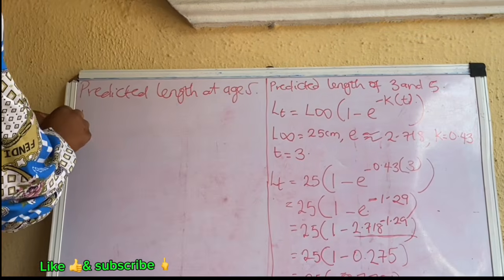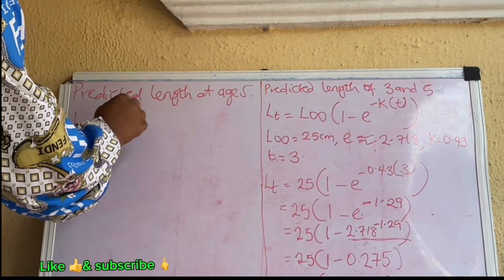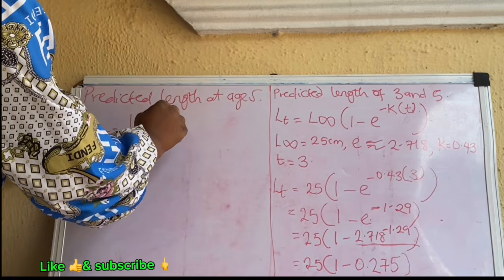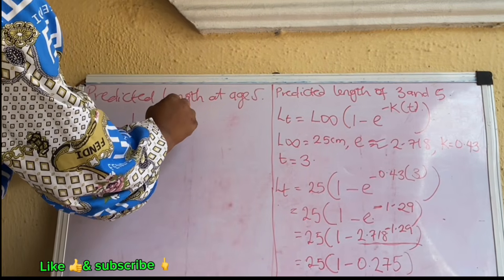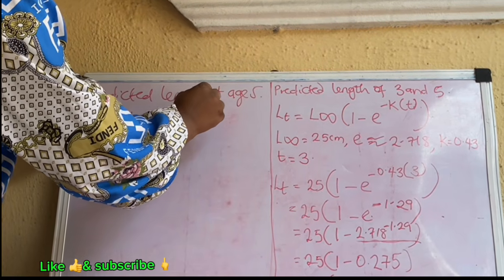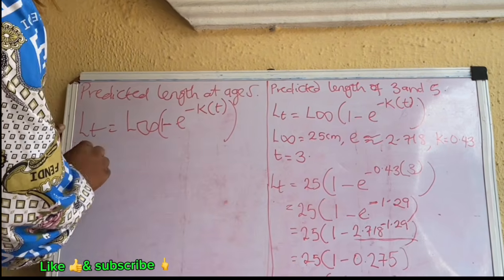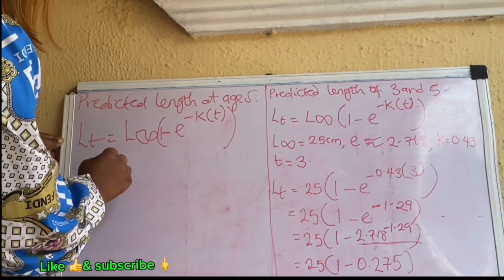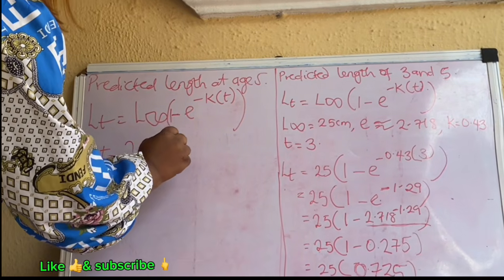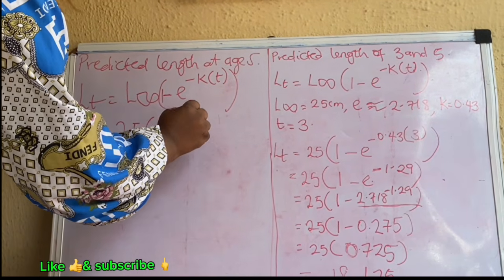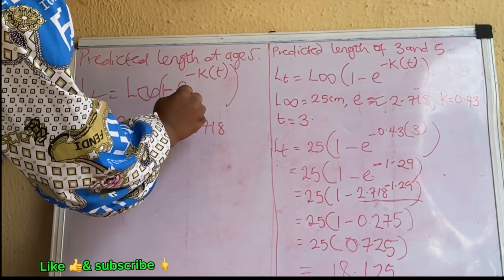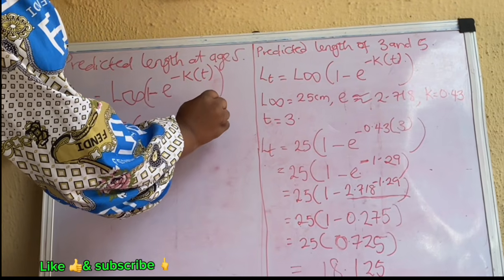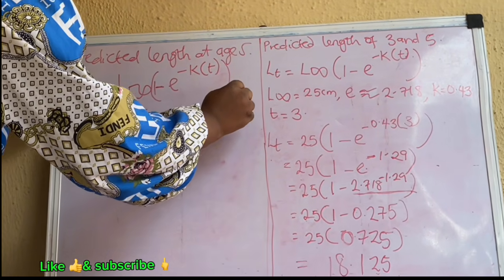Okay, so from the formula, L equals to L asymptotic, brackets 1 minus E minus K T. So your LT, we all know what the L asymptotic is, which is 25 bracket 1 minus 2.718 raised to power minus 0.43 bracket 5.